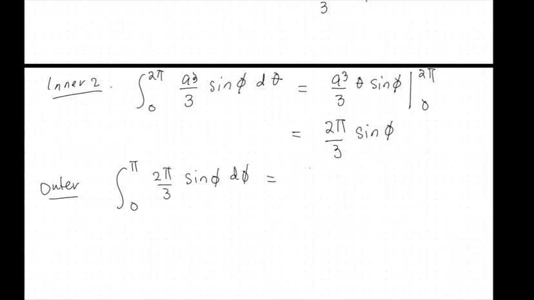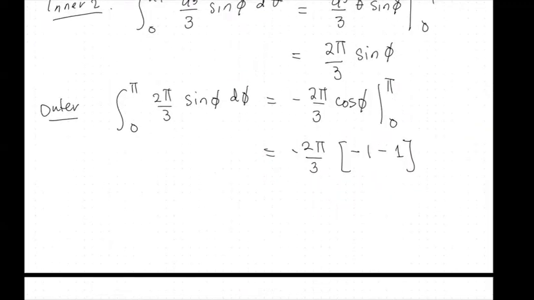So this is just 2 pi over 3 and then negative cosine of phi, from 0 to pi. So we have negative 2/3 pi, and then cosine of pi is negative 1, and minus cosine of 0 is 1. So what we have here is negative 2 times negative 2 times pi over 3. What we get is 4/3 pi.